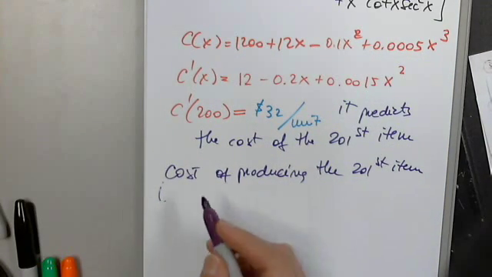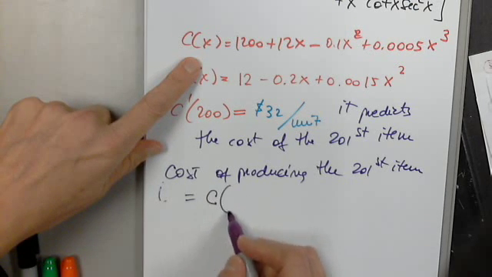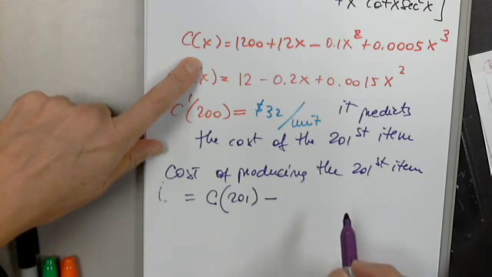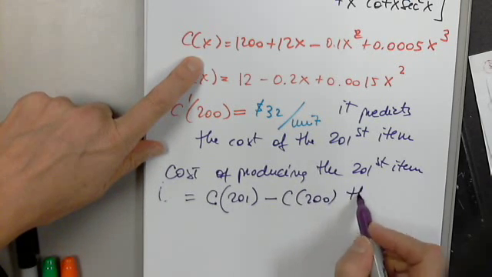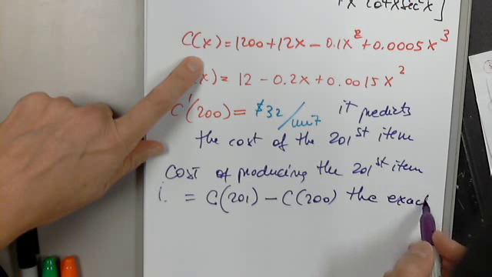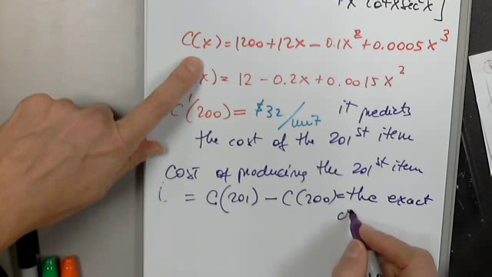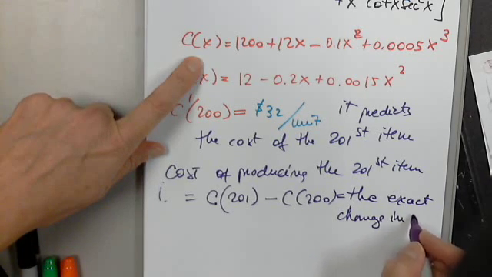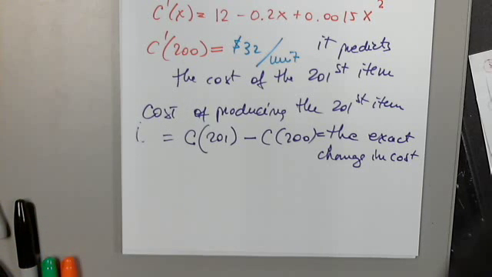That equals C of 201 minus C of 200, the exact. This equals the exact change in cost from producing 200 to producing 201.